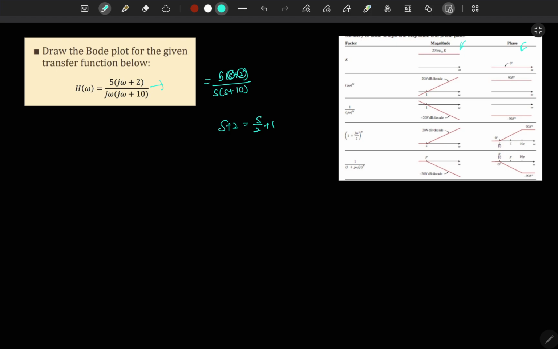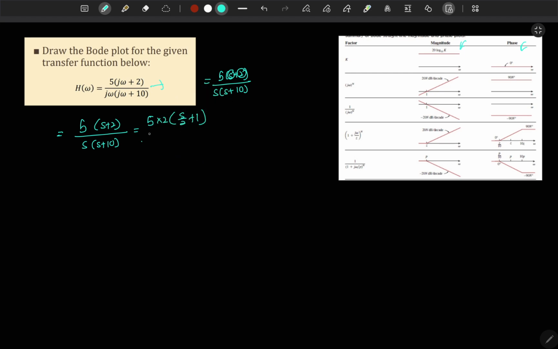Anything that's numeric, we need to make it 1. So if we remove these, we need to make this 5 times 2, s over 2 plus 1. For the below, it's 10. We need to make sure 10 times s over 10 plus 1.